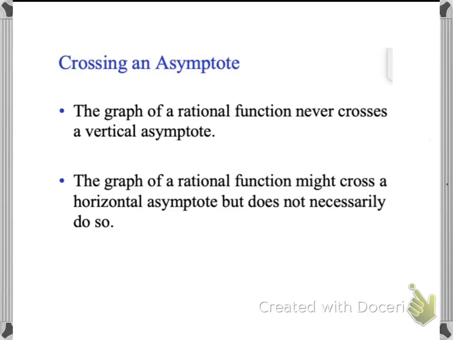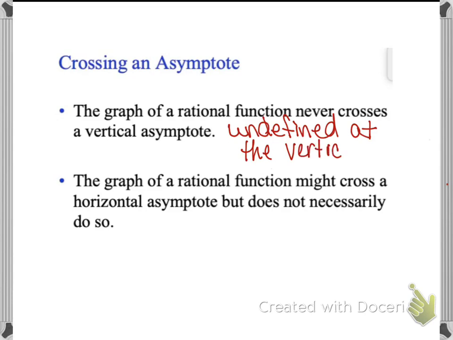Okay. Crossing an asymptote. The graph of a rational function never crosses a vertical asymptote. The function is undefined at the vertical asymptotes. The vertical asymptotes dictate the direction of the graph. Those are super important.